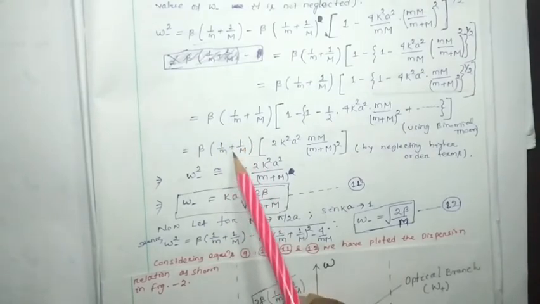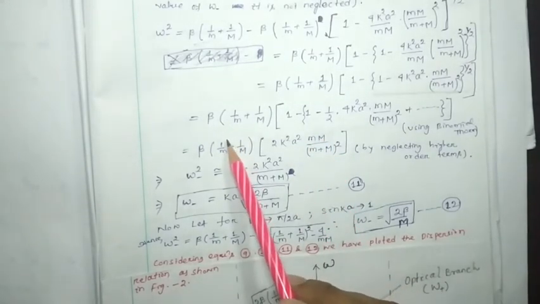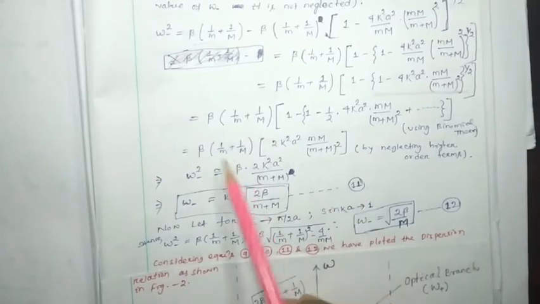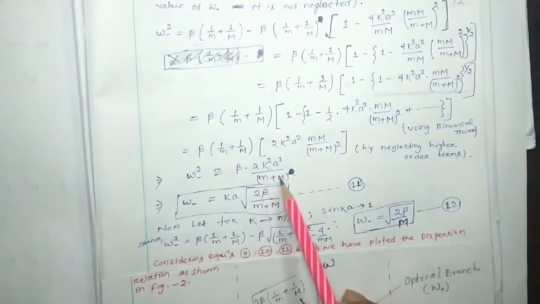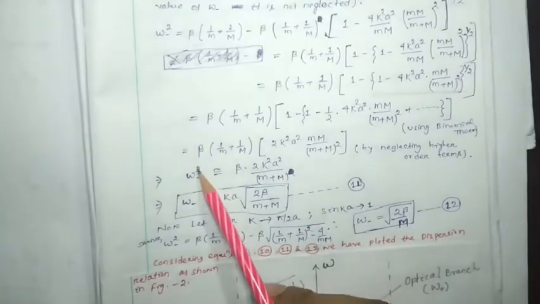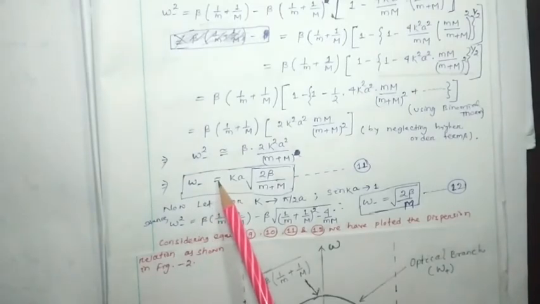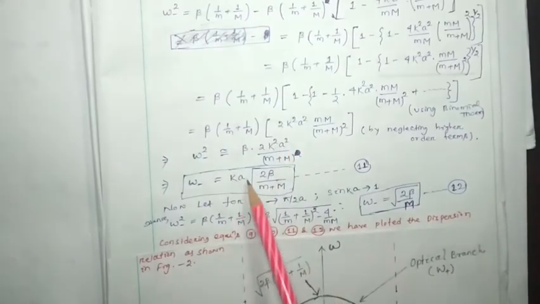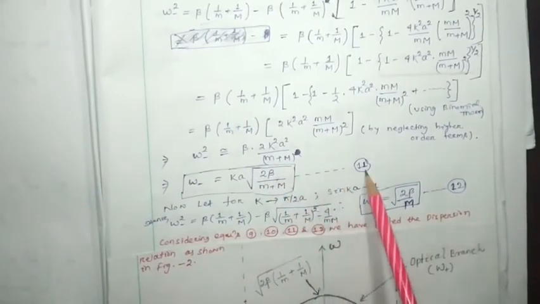So the denominator mM is cancelled out here, and the numerator m plus M cancels with m plus M. So we find beta into 2k square a square divided by m plus M. So we found omega minus square approximately this one, or we can say that omega minus is approximately equal to ka into the root of 2 beta by m plus M. Let this be equation number 11.